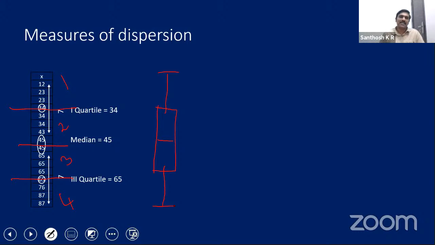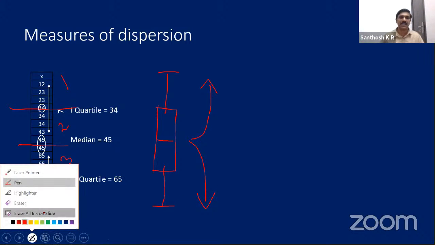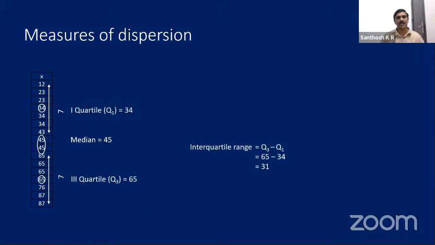Through box plot, I can find out how much each of the values are spread below the median and how much each of the values are spread above the median very easily. So using quartile deviation, I can find out how we can calculate the quartile deviation. We can calculate it like this by looking at the interquartile range.